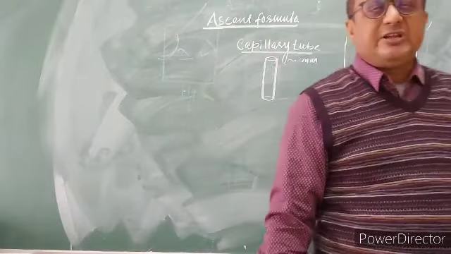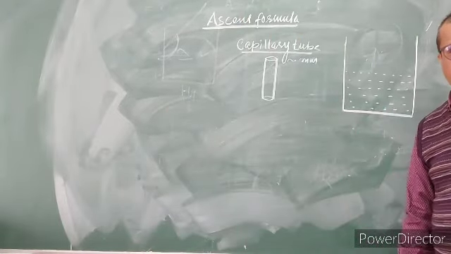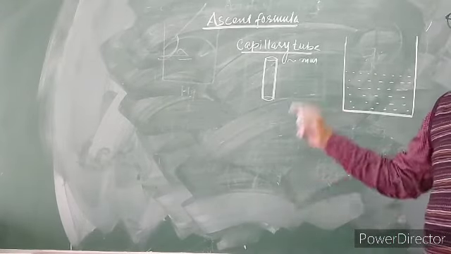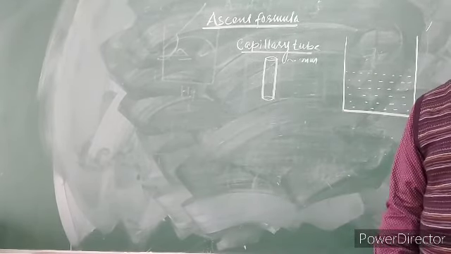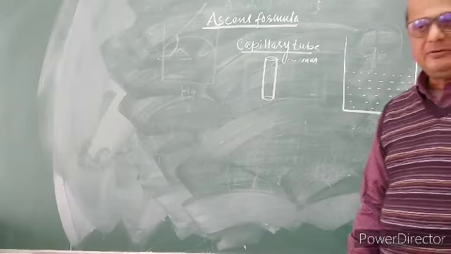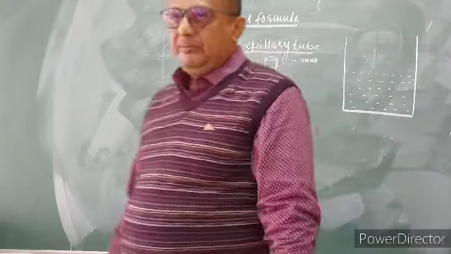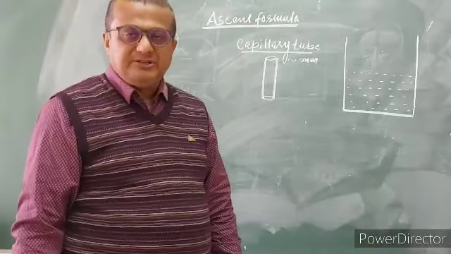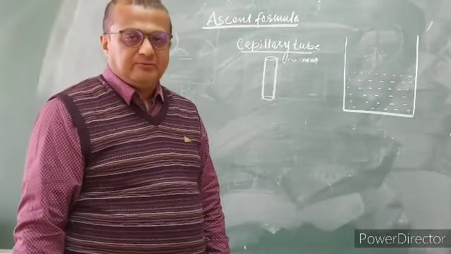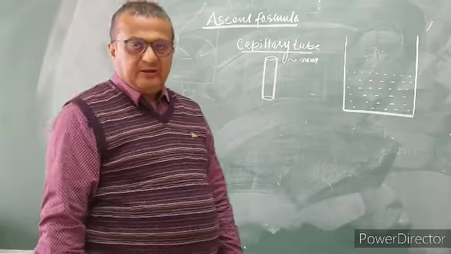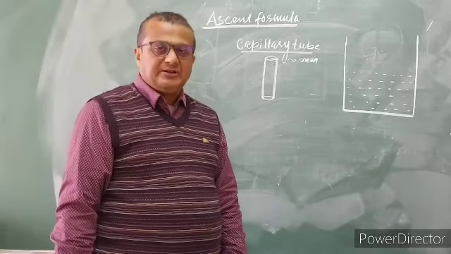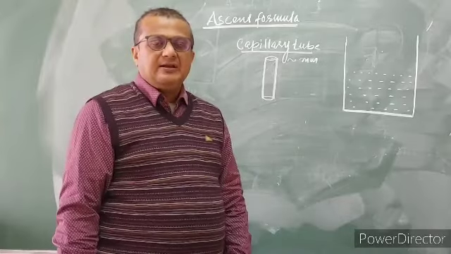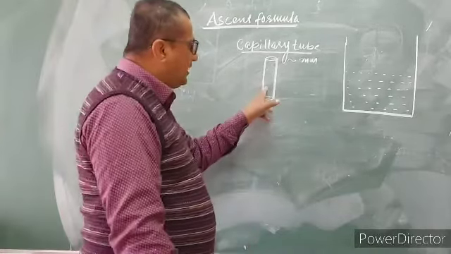This type of radius is available in a thermometer, by which temperature is measured. In a thermometer there is a tube visible, that is the capillary tube. Mercury is kept inside it. Due to the temperature, that mercury expands and we take the reading. So that is the capillary tube.